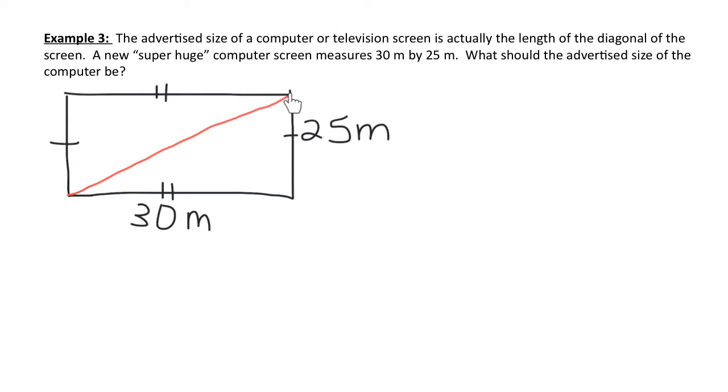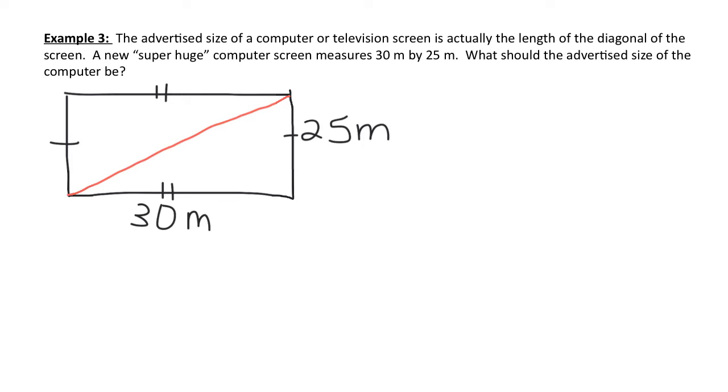So if we actually look at what we've created by drawing in this diagonal line, we've actually split this rectangle into 2 triangles. So you can see here that the diagonal line would be the slanted or hypotenuse side of our right triangle. And the 25 meter side and the 30 meter side would represent the legs of our right triangle.